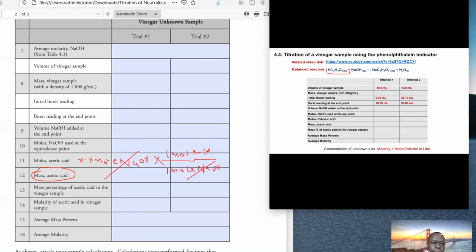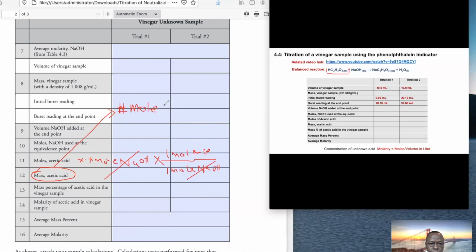We have changed the terminology from vinegar to acetic acid. It is given by the number of moles. You know the number of moles now from line 11, number of moles of acetic acid.